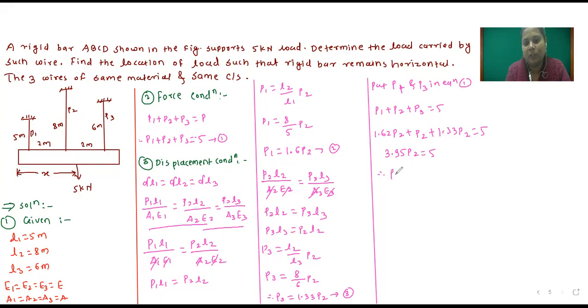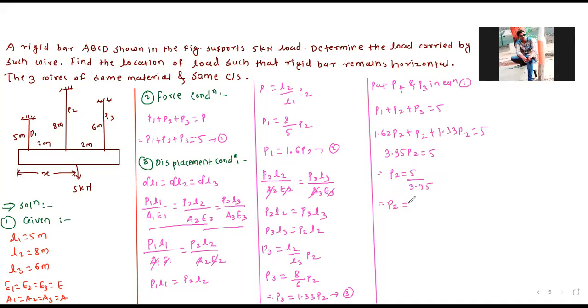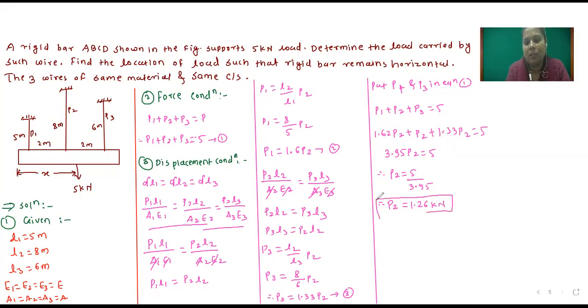Therefore P2 is equal to 5 divided by 3.95, which is 1.26 kilonewton.